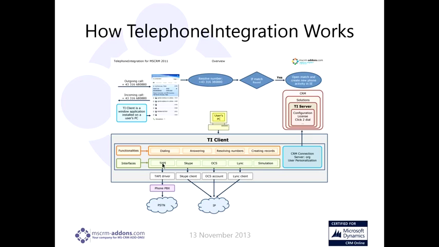We also offer a simulator so that you can test functionality of telephone integration or just demo the system when you don't have access to one of the 4 interfaces. And today I'll be using the simulation for most of this webinar. The server portion of the add-on handles all the server-side configurations in CRM, such as click-to-dial functionality and licensing.